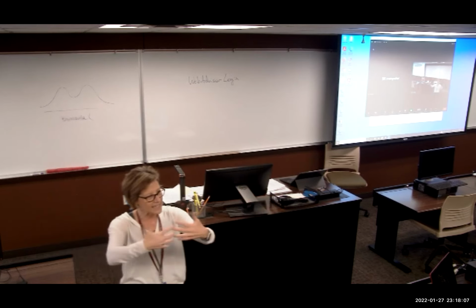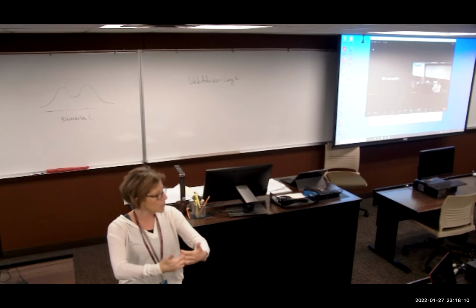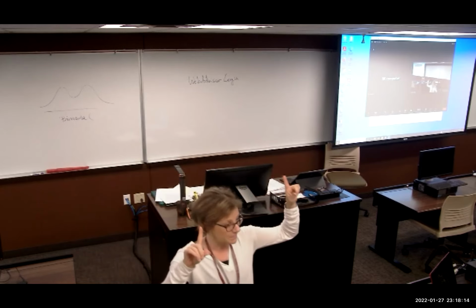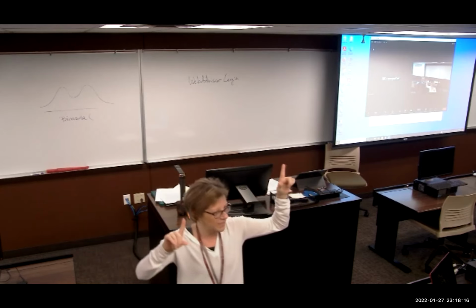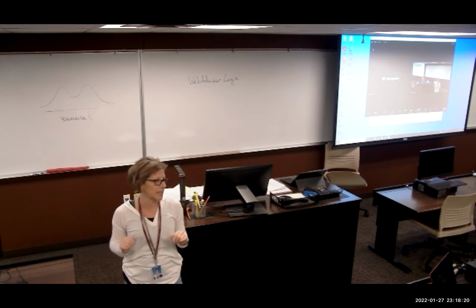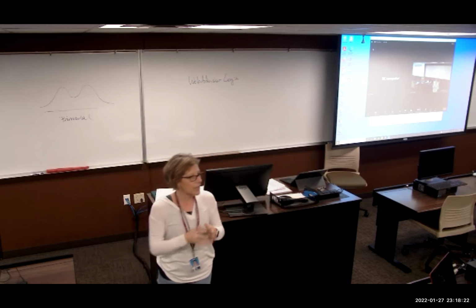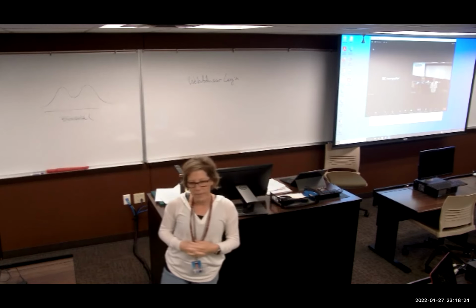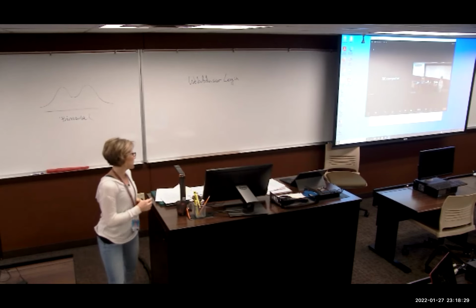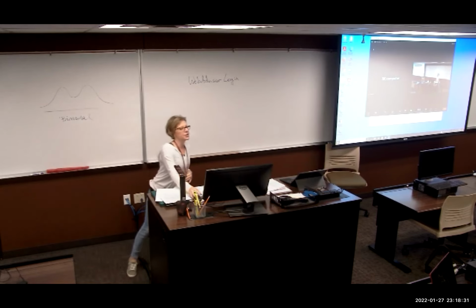So if that data set is grouped together, you would have two distinct peaks. The peaks would not be the same, because the average height for men is not the average height for women, but you would have two distinct peaks. So height, where you're not separating it out, would be an example of a bimodal distribution. Okay, now before you leave, I have 2 minutes left.